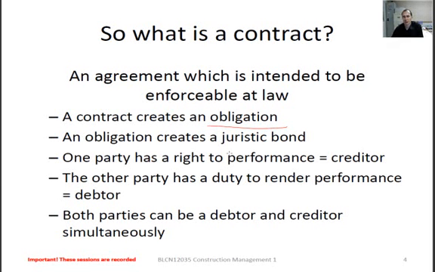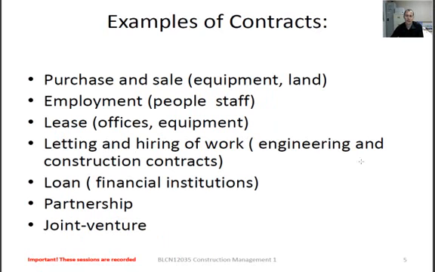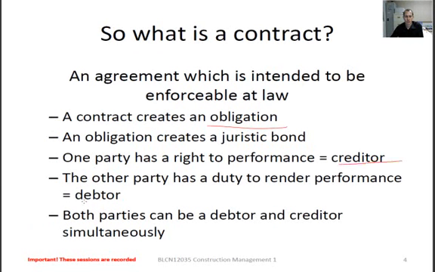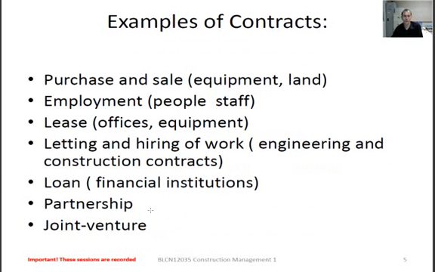Let's say things go horribly wrong, you can take that document to the courts and they'll make it an order of enforcement. Like I said, one party has something to sell, the other party has something to buy, and there's our creditor and debtor, and of course they can be both in various situations within the same contract. So keep that in mind when you talk about these contracts.